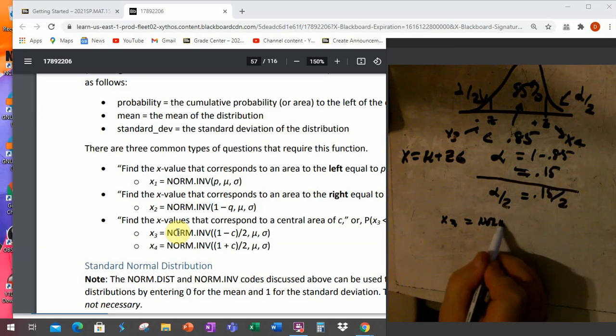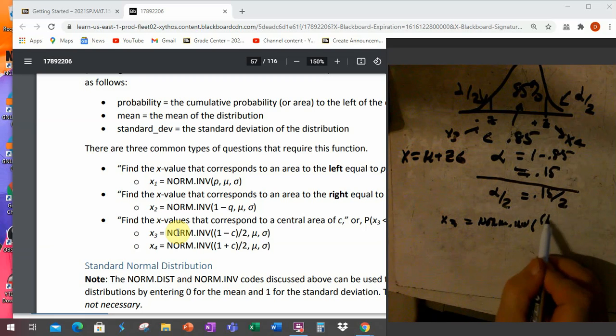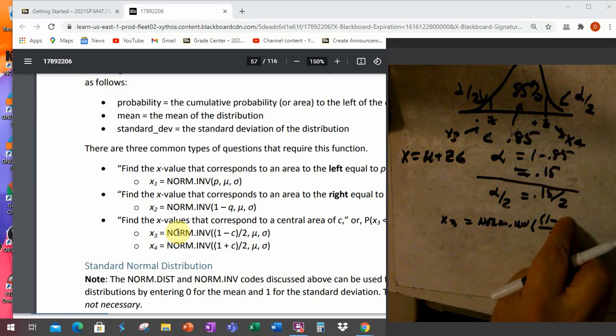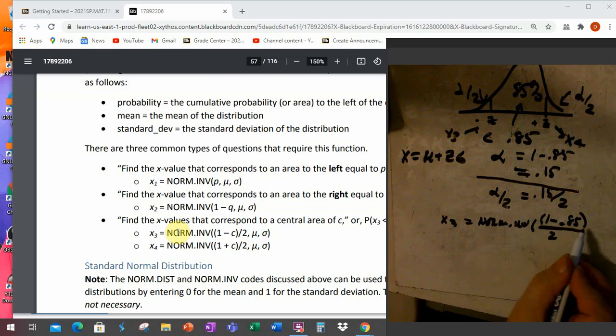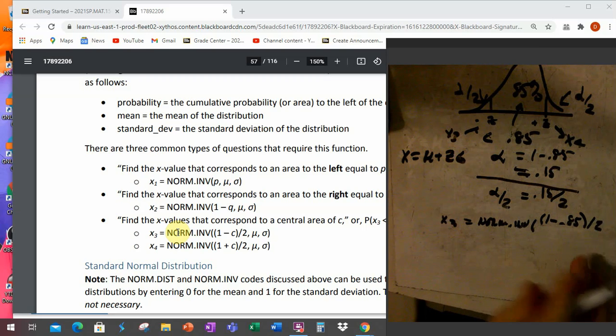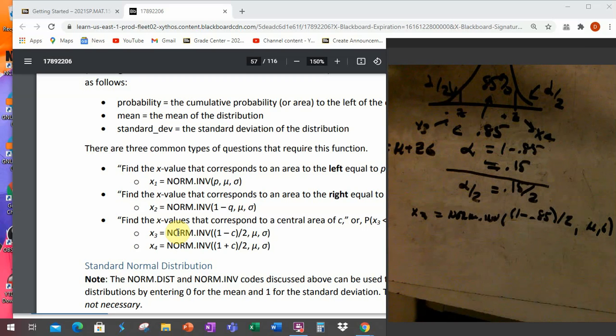Okay, norm.inv. It's exactly what you did, but you just typed that right in here. You can enter this as a formula as long as you have parentheses and do /2. So for 0.85, you would do 0.85 in parentheses. Let Excel know that it needs to do this first, then you do the /2. So it looks like this in Excel. That would be the probability. And then pass it your mean and standard deviation, and that would be your X.